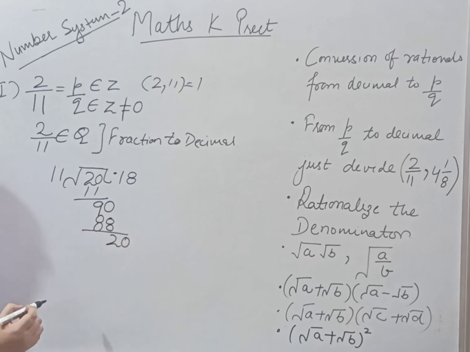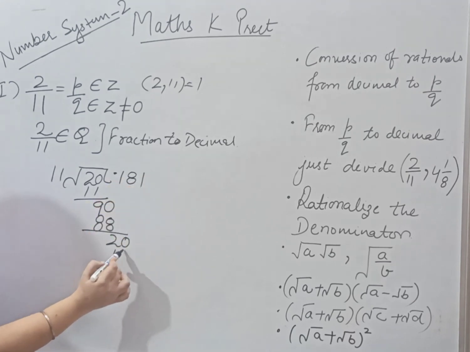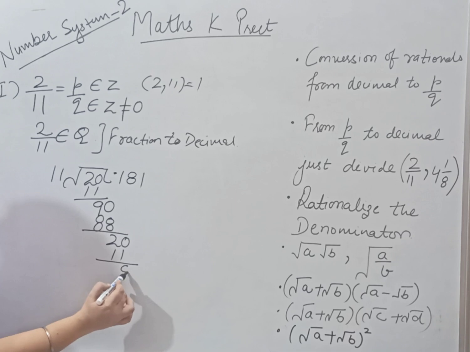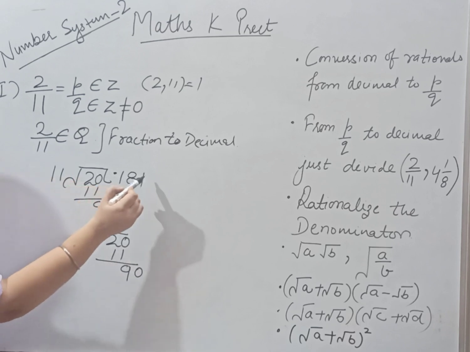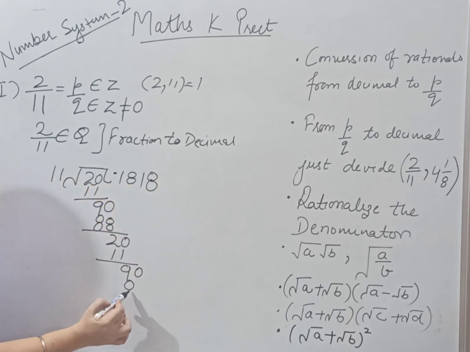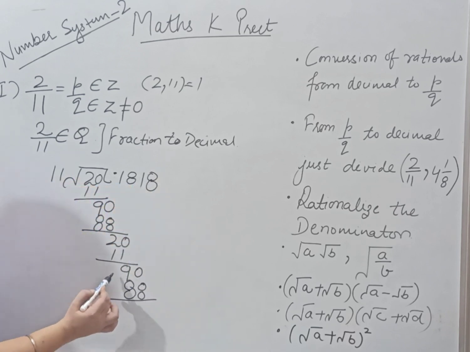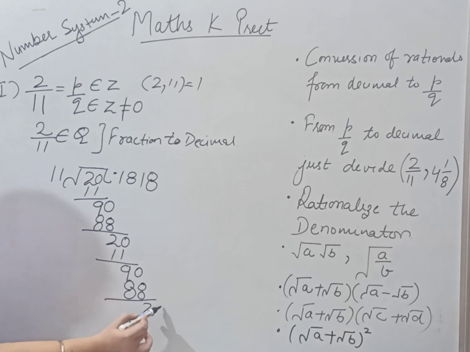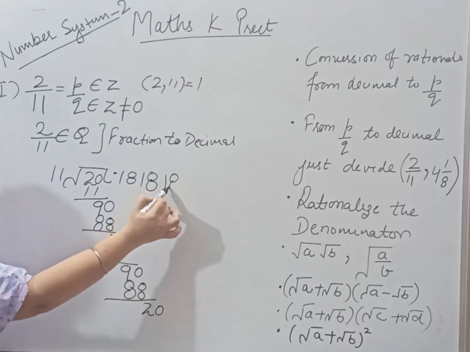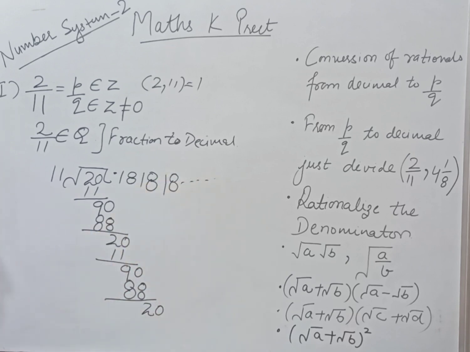From this decimal take a 0. 11 ones are 11. Again 9 is the remainder. We'll write 0 here because 9 is less than 11. 11 8s are 88. Again the remainder is 2, and this procedure will keep on going. It never ends, so it's never ending.